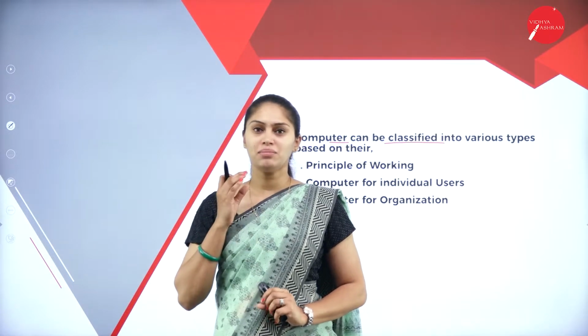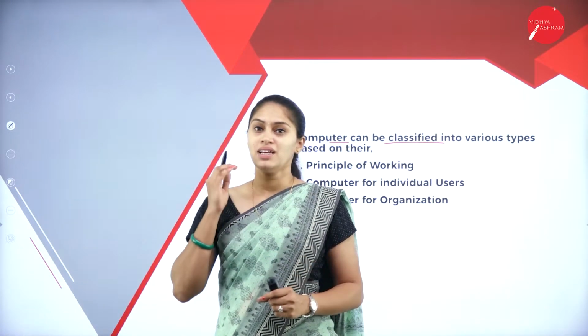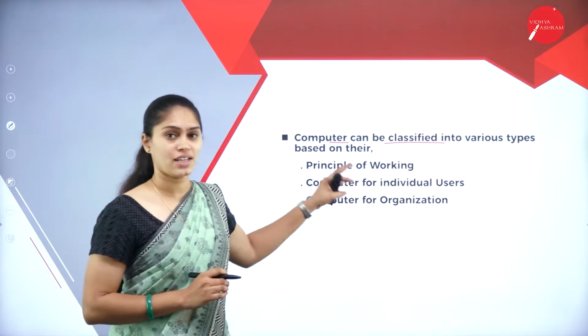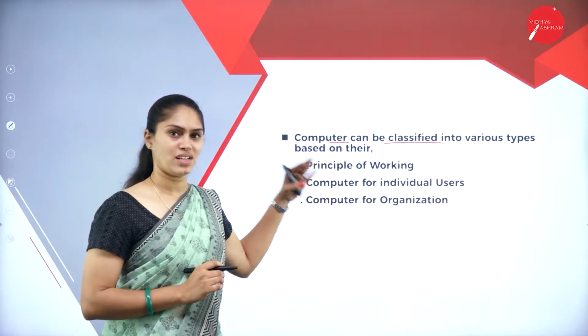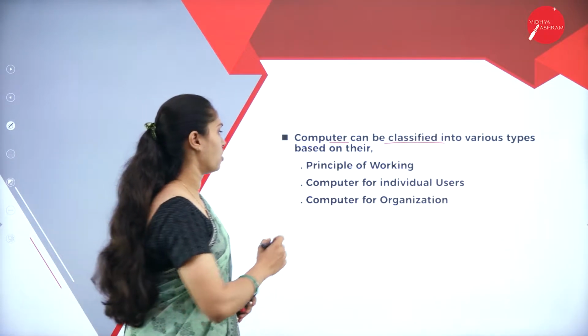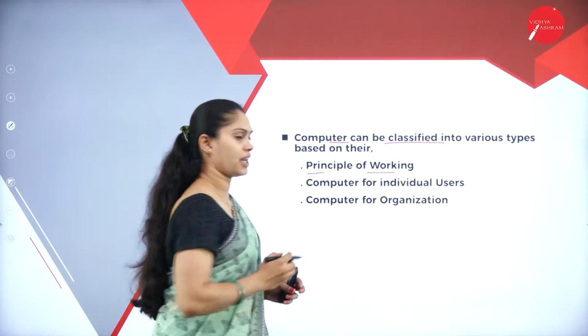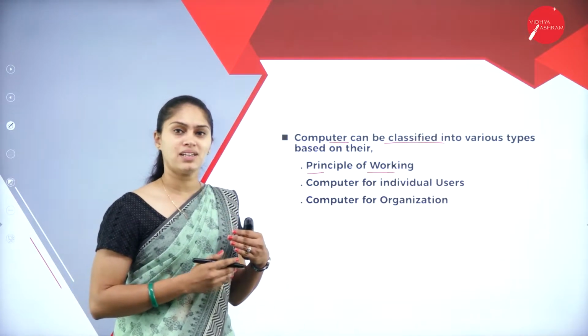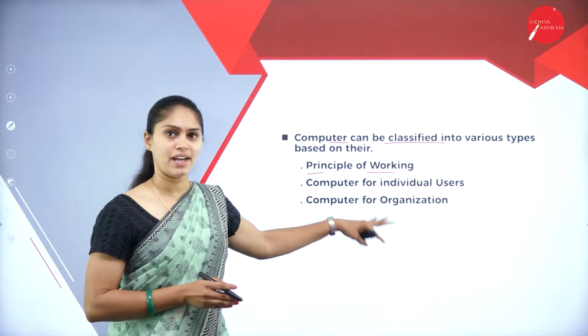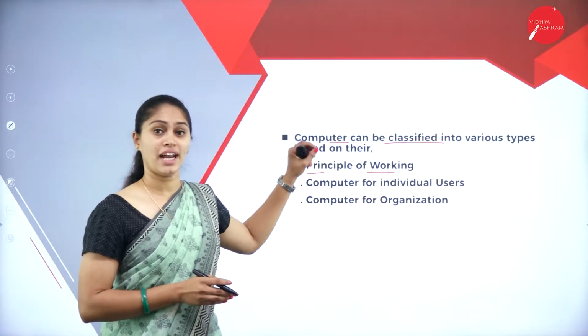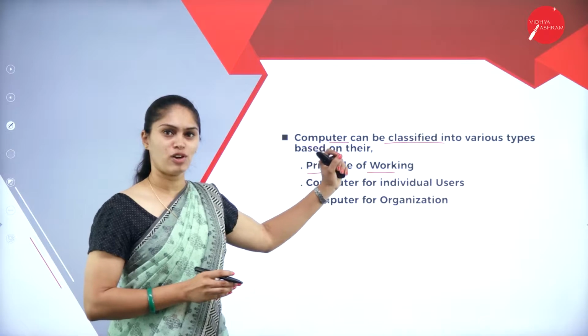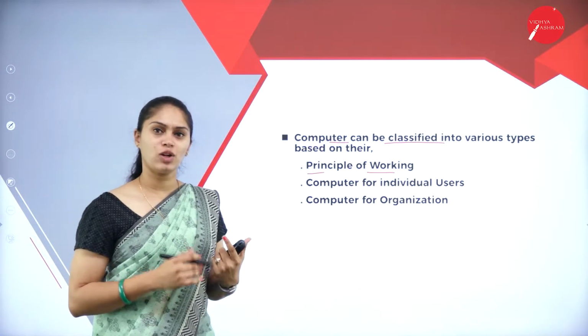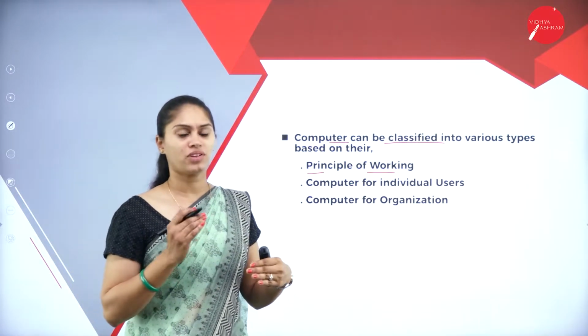Based on some parameters or some standards, we are going to divide or classify the computer into several parts. On what parameters or standards can I classify the computer? It could be based on the principle of working, how the working takes place in each type of computer system.